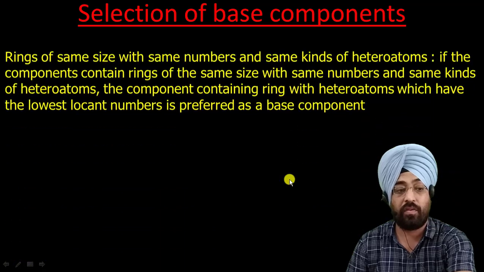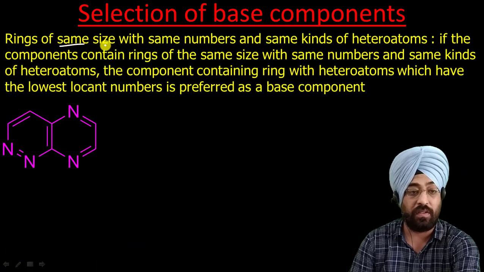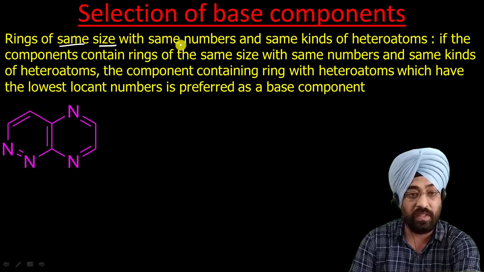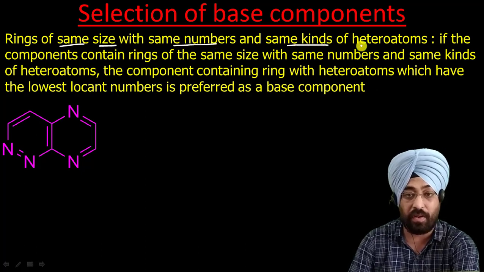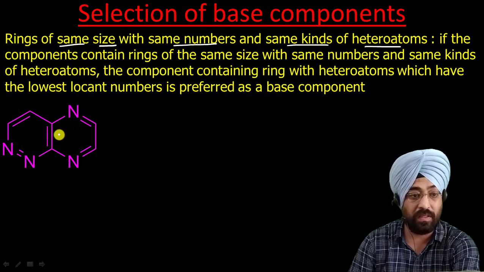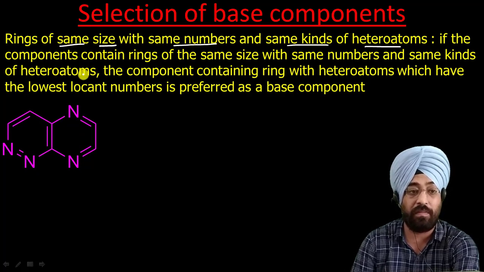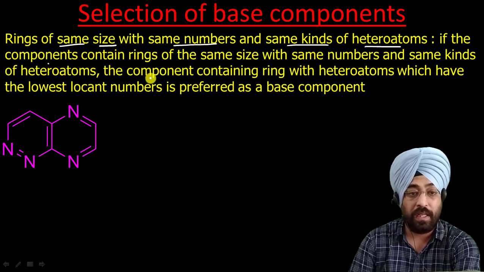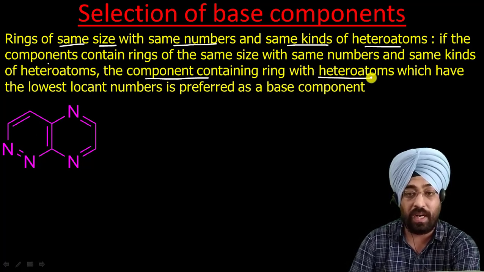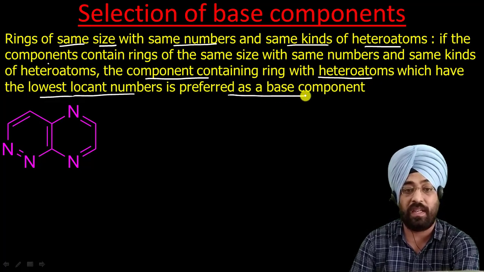Now the next rule says: rings of the same size with the same number and same kind of heteroatoms. Here we have 6-membered rings with two heteroatoms, and both are nitrogen. According to the rule, the component containing the ring with the heteroatoms which have the lowest locant numbers is preferred as the base component.